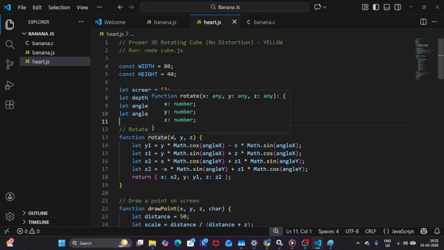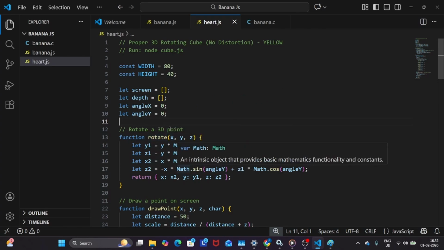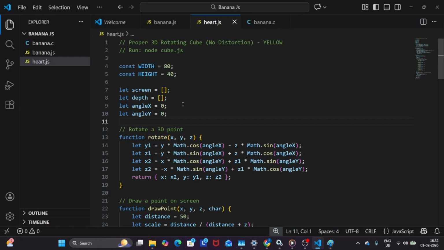For rotation around the x-axis, only y and z will change. X remains the same. In the formula, y1 is equal to y cos minus z sin, and z1 is equal to y sin plus z cos. I have not memorized this formula. I have written it on paper, that's why I'm saying I'm not a mathematics genius.